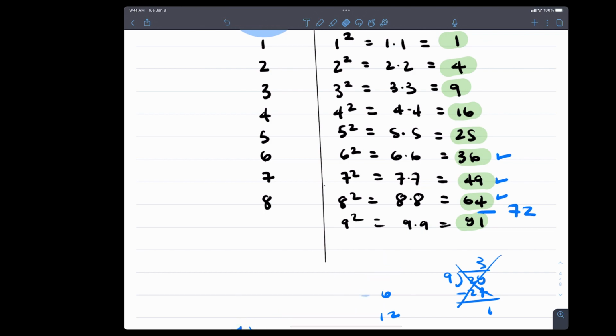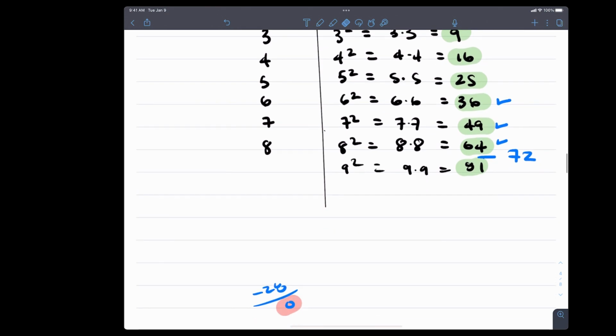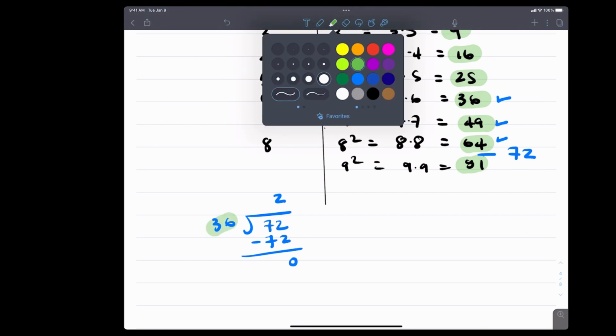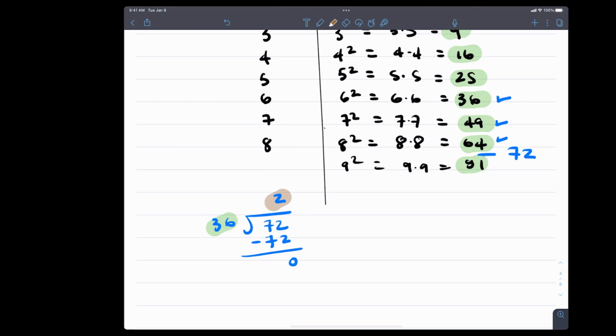So you say, what do you mean? Let's try this out. $36 goes into 72. How many times? 2. 2 times 36 is 72. What's your remainder? So here's 36, here's your quotient.